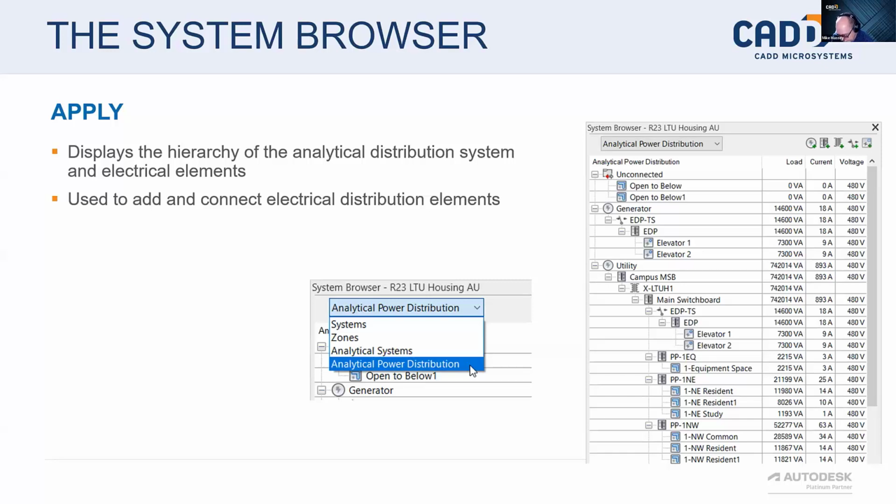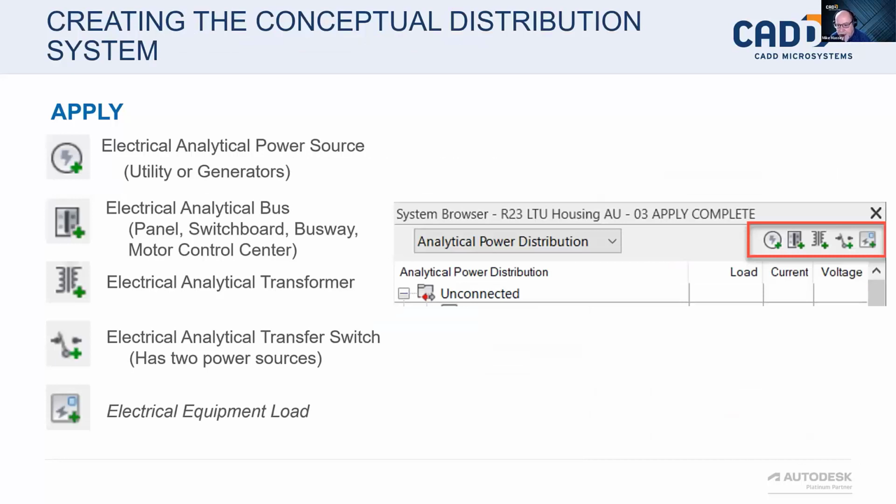system. To create it, what we have are essentially 5 new buttons at the top of the system browser that we can use to create a power source, which would be like a utility source or a generator. We have a tool to create an analytical bus that would represent a panel or a switchboard or a busway, etc. And we have a tool to create a transformer, and a tool to create a transfer switch.